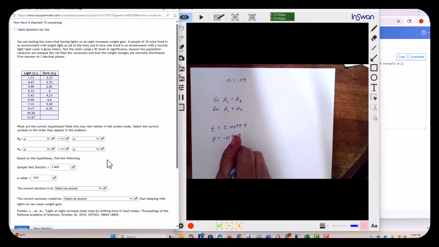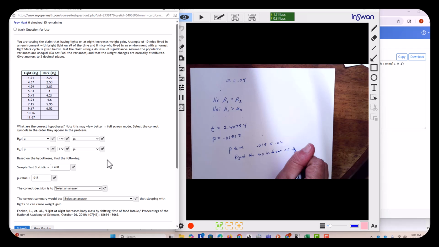So P is less than or equal to alpha, or in other words, 0.015 is less than 0.04. Therefore, we're going to reject the null in favor of the alternative, and conclude, dot dot dot.